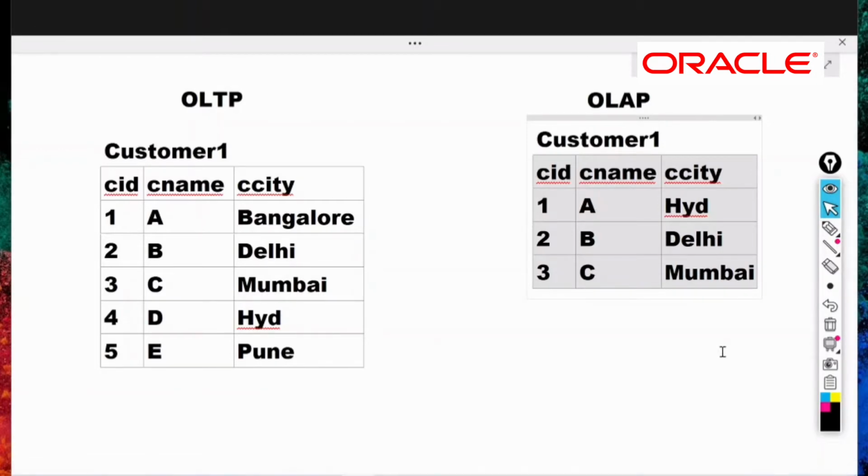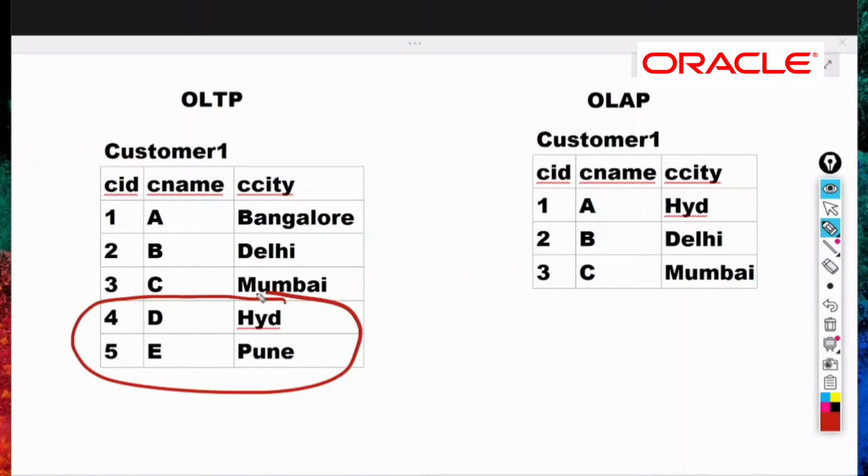So what are the changes we want to apply? Listen. These two new customers came. For these new customer records, what do we have to do? Insert. And one customer's address is changed.